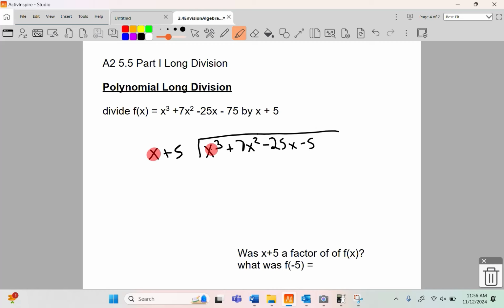Typo? Thank you. Minus 25x minus 75. How many times does x enter x cubed? 3 times x is 3x. 2 times x is 2x.